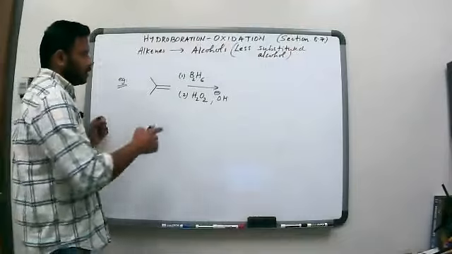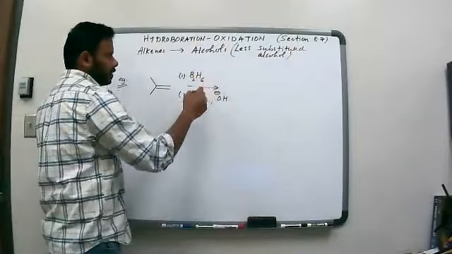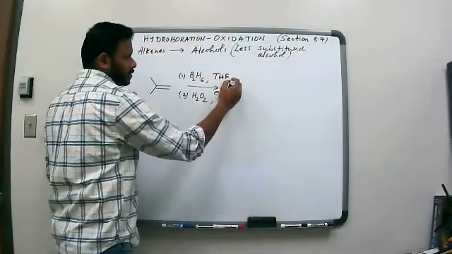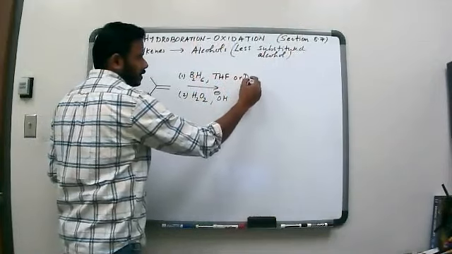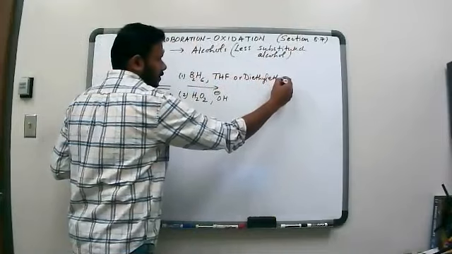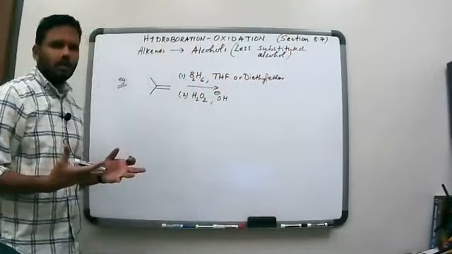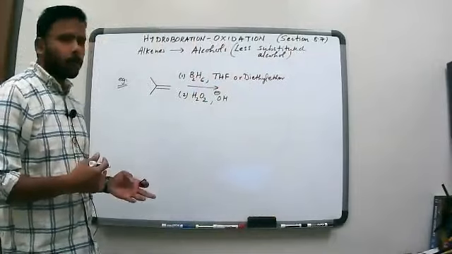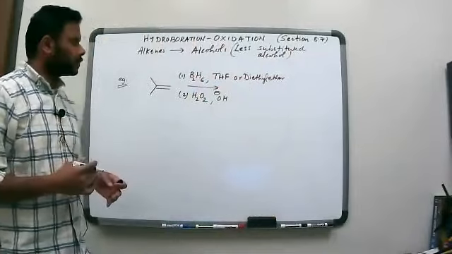Now, along with the borane here, you might see a solvent, which could be THF, or you could see diethyl ether. These are both polar aprotic solvents that contain an ether as a functional group.